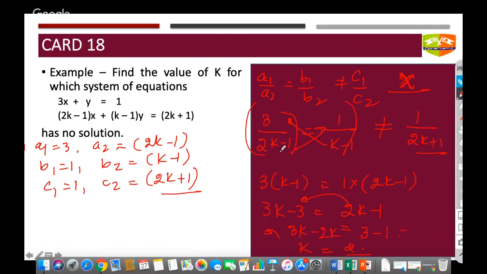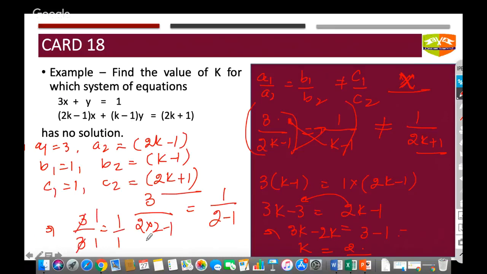So what is this ratio? Then I need to find out this ratio. So at k is equal to 2, this ratio is equal to 3 divided by 2 into 2 minus 1, and this is nothing but 1 divided by 2 into 2 minus 1. So this is 3, 4 minus 1 is 3, and that is equal to 1 by 1. So this is also equal to 1 by 1.